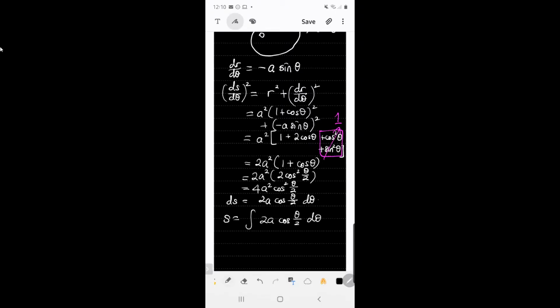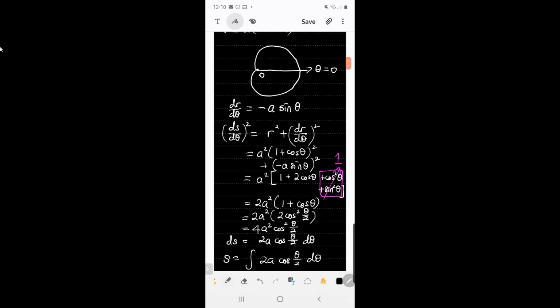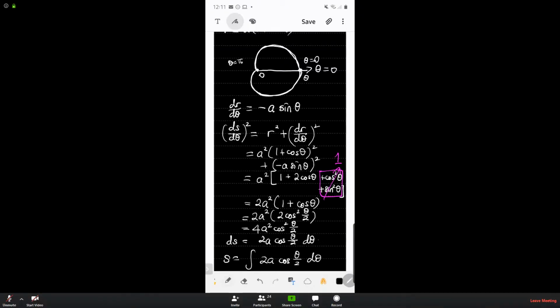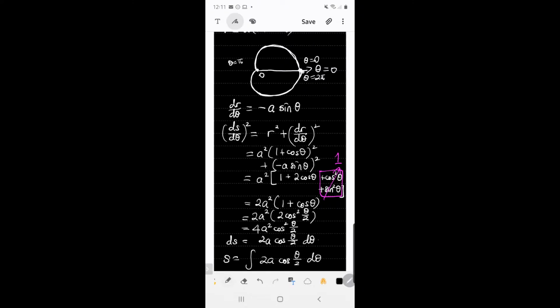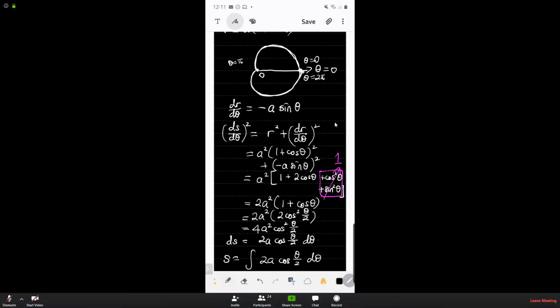Now, when I want to find the limit, you see that the curve starts from θ = 0. Then it will turn this way to the pole O at θ = π. Then from θ = π, it will go to the initial line again at θ = 2π.